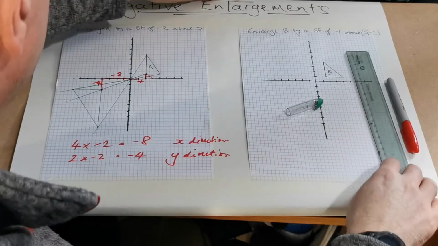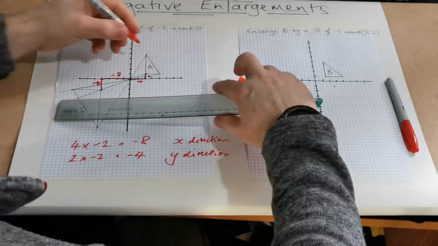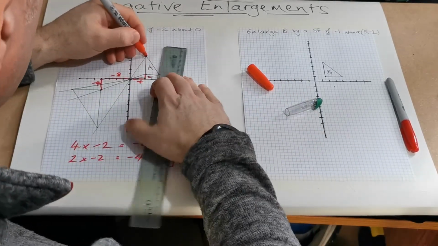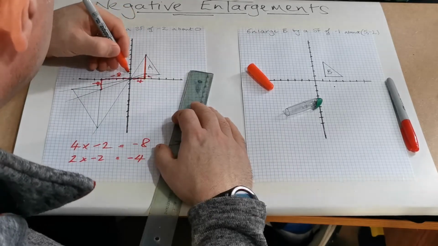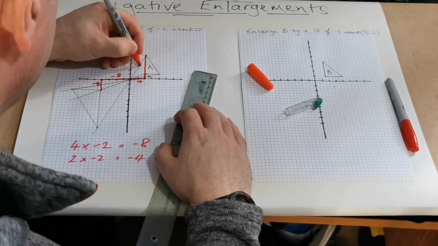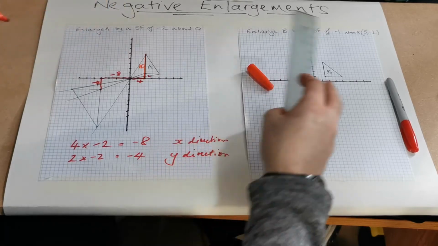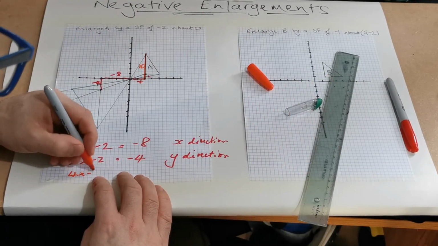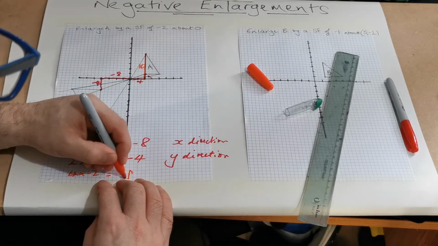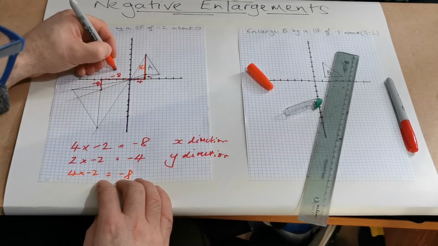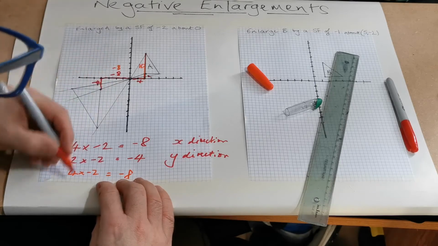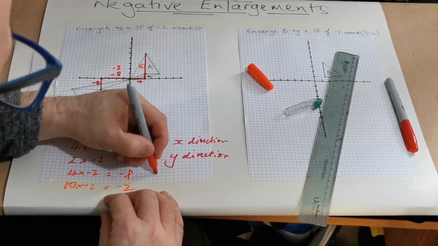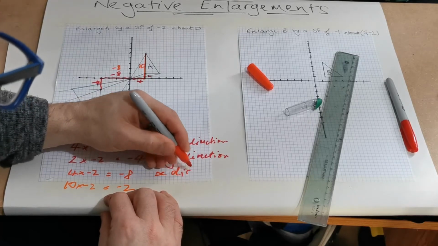And if I was to have a look at another point here, that's gone 4, and then up here I've gone 2, 4, 6, 8, 10. So in my x direction I've done 4 times -2 to give me -8 again, which is what we would expect. And 10 times -2 would be -20. So this is the x direction.